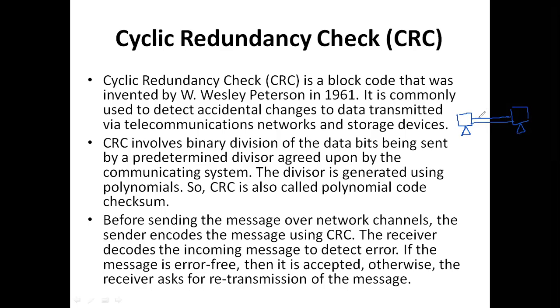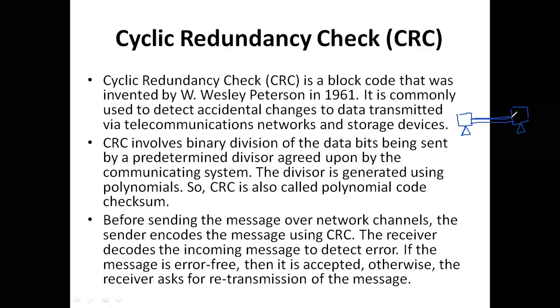So if any accidental changes happen while transmitting from one host to another host, or the data might be changed, how do we detect that kind of error? That detection is possible through the CRC method. This CRC involves binary code.